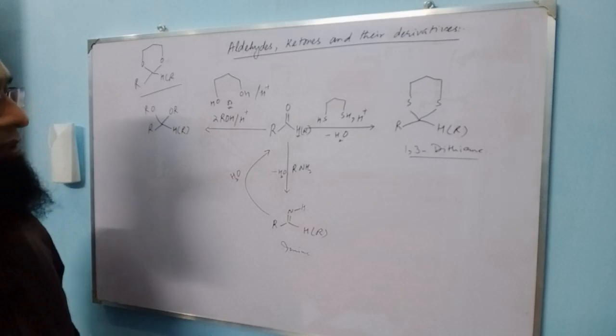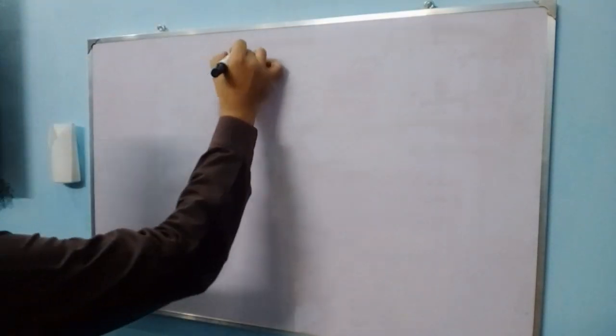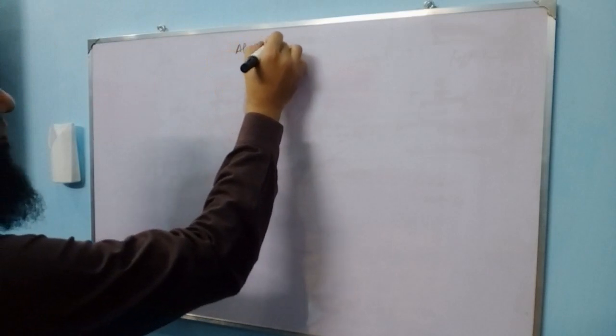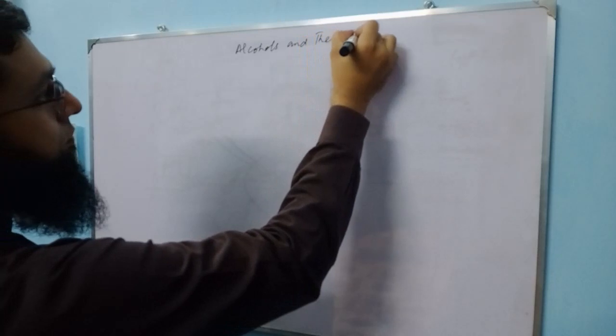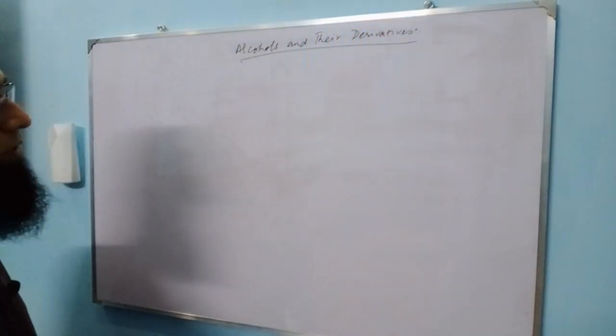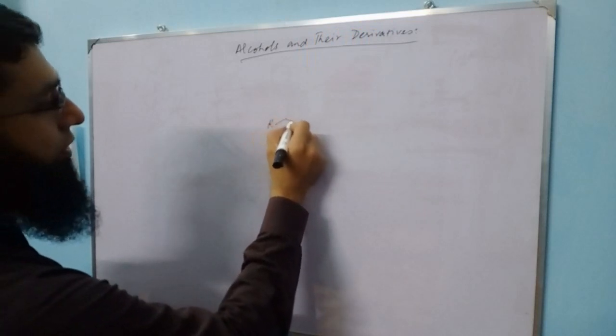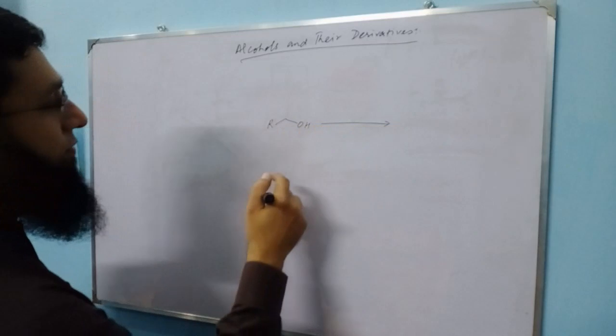And next is alcohols. In general, alcohols can be converted into derivatives in which we get leaving groups.